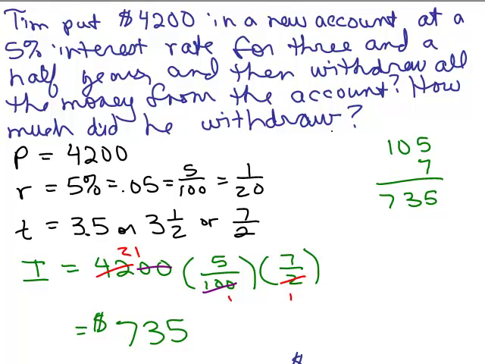How much money did he withdraw? He withdrew all the money in the account. So he gets all the 4,200 that he put in plus the 735. So here's the money, the 735. You get to add to that your 4,200, right? Which is 4,935.